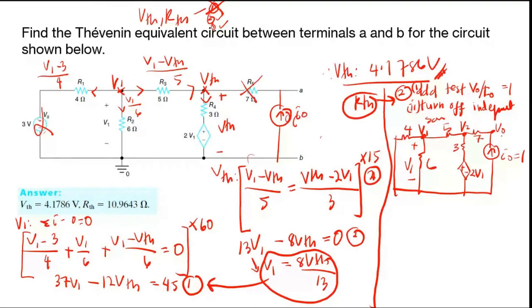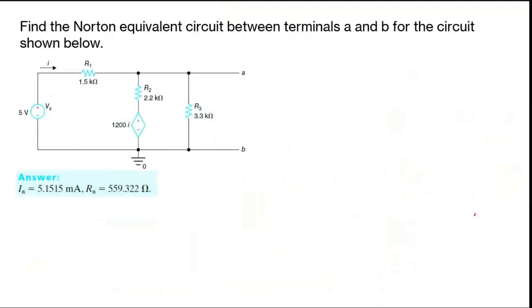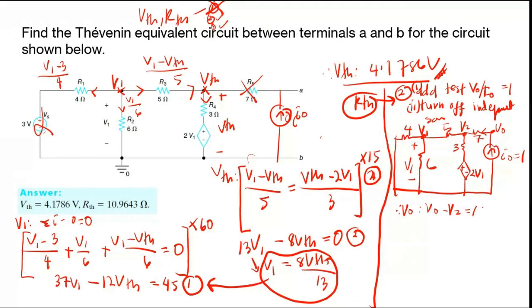Because you know that the current here is 1, so V naught minus V2 equal to 1 times 7. So you can get the value for V naught.